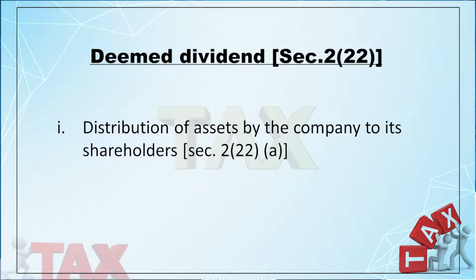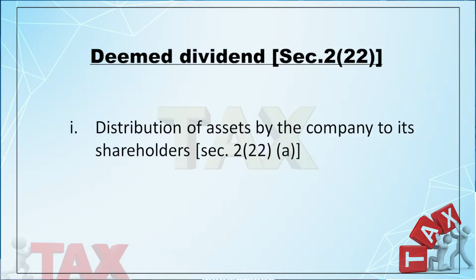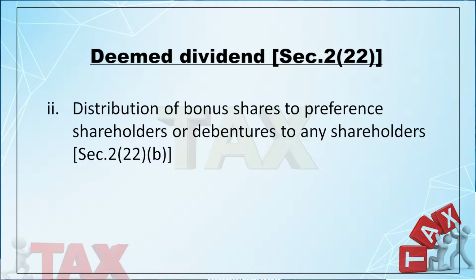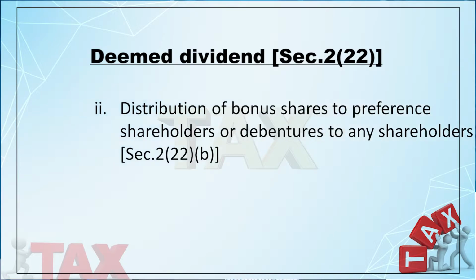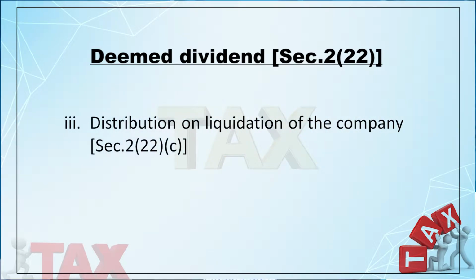It is described in Section 2 subsection 22A. Number 2 is the distribution of bonus shares to preference shareholders, or debentures to any shareholders. This is Section 2 subsection 22B. The third one is the distribution on liquidation of the company.